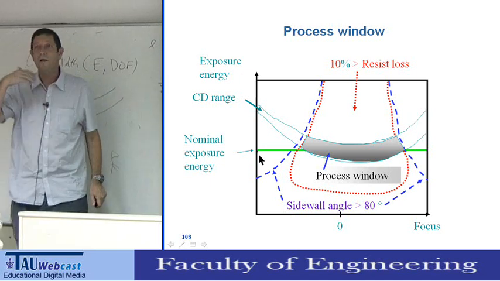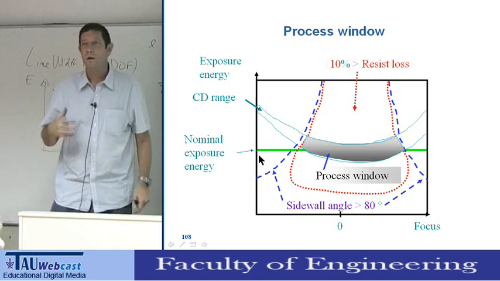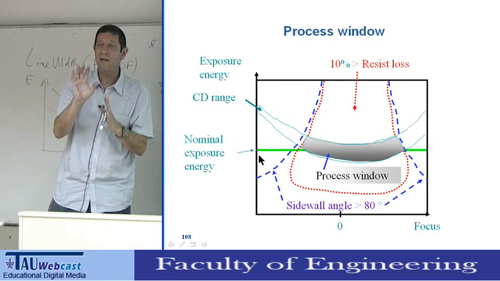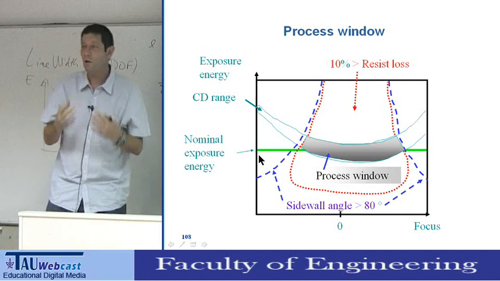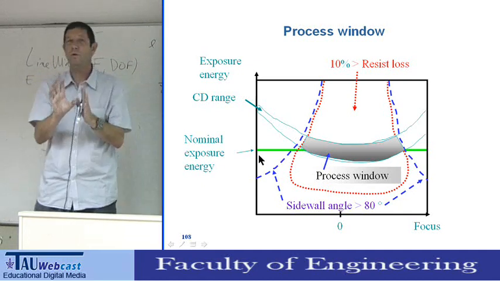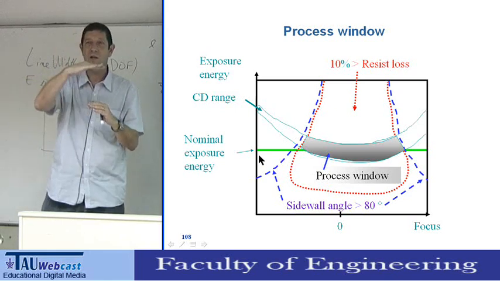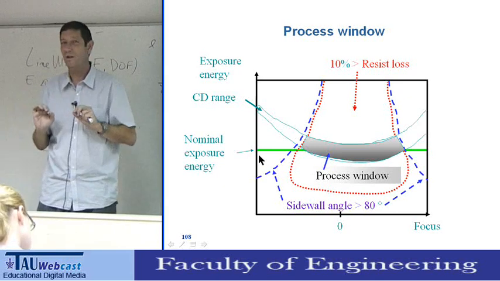You are going to exercise it in the class, you can do it in the homework, but I'm just showing you some of the problems of optimizing a resist process. Because it's a non-linear process, I would like to find the solutions where the process is most stable, where I can change the depth of focus, I can change the energy and still get the same result, or almost the same result.